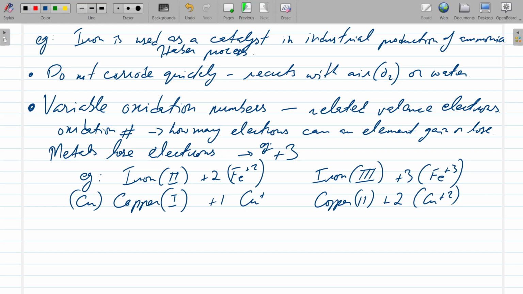Iron can form iron 2 oxide, it can form iron 3 oxide. Or for example, copper 1 oxide or copper 2 oxide.